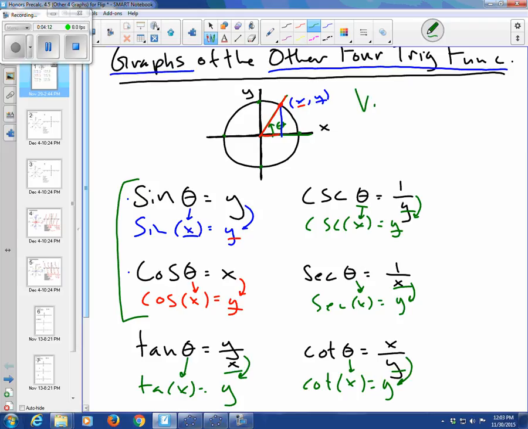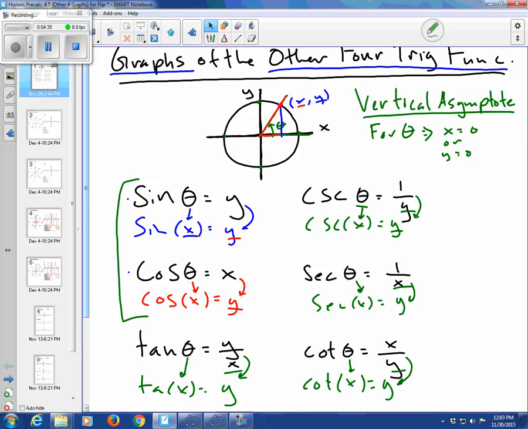And what this is going to mean is vertical asymptotes in the graphs of these other 4 trig functions, for thetas, or rotations, that give x values of 0 or y values of 0.